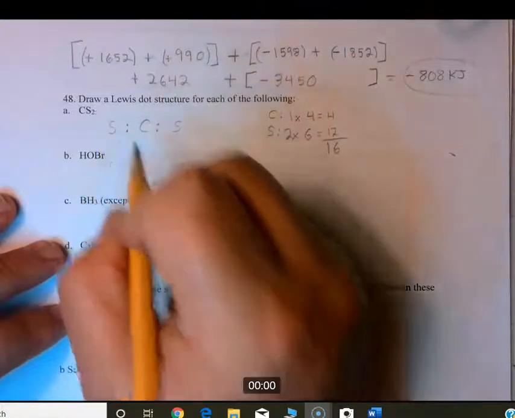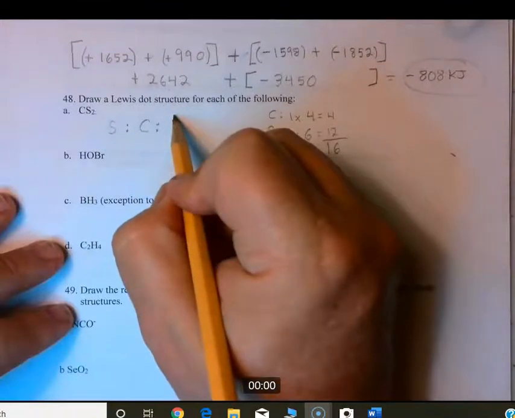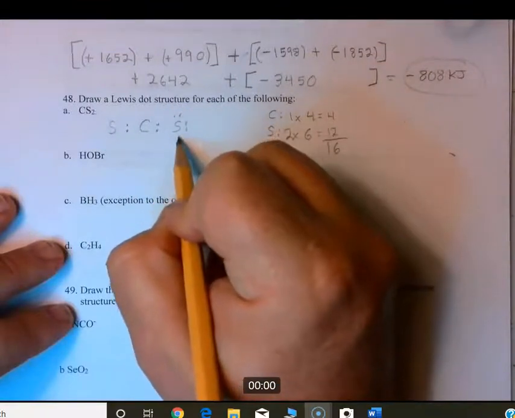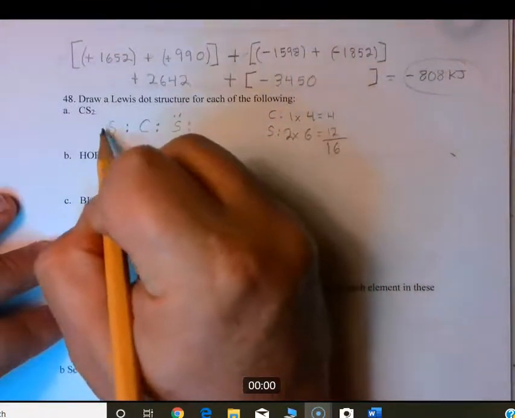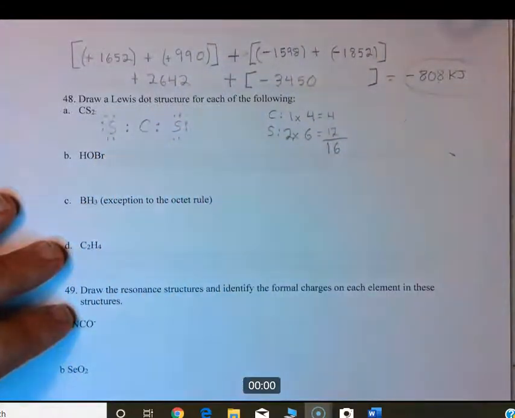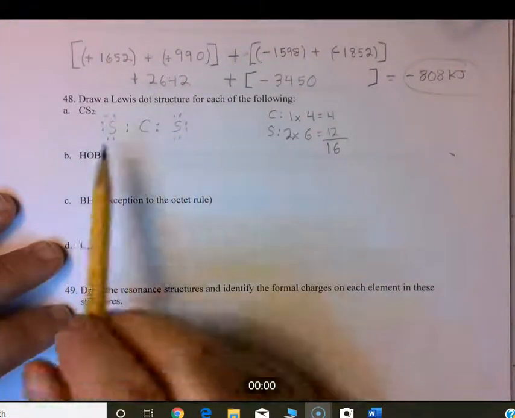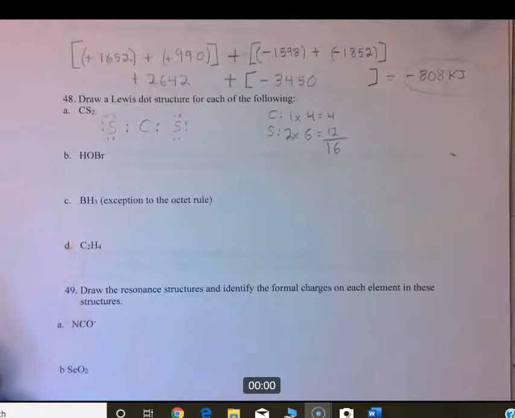That takes care of 4. Now we create octets. So we do that around the outside first. Okay, and if we count, we now have 8 plus 8 is 16. So that's all good. So we have the correct number of electrons.